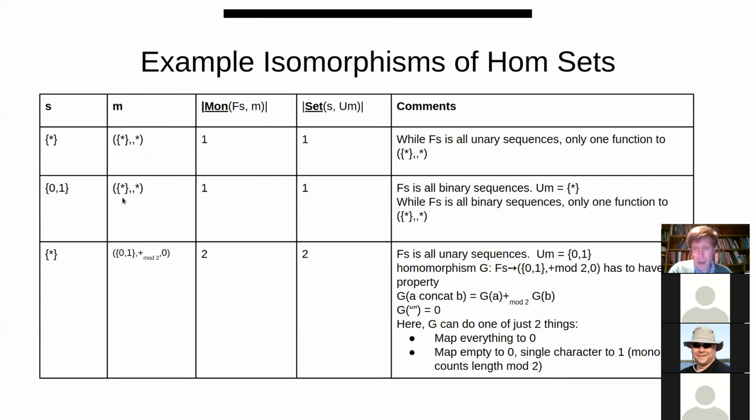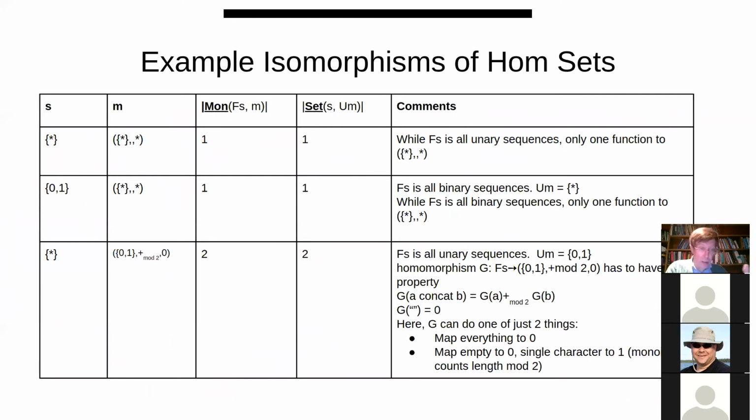So we're only going to have one choice. There's only one function which maps any old element 0, 1 or any old sequence to the single thing. It can't go anywhere else.